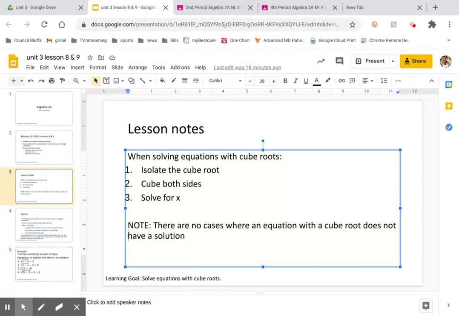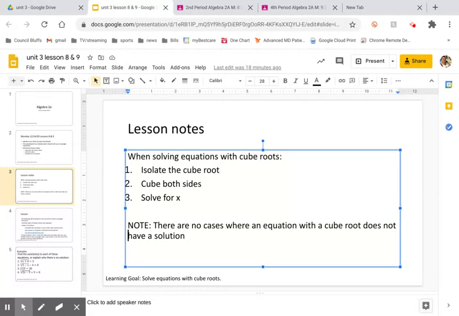You can take the cube root of a number and have the answer just be negative. An example I gave was the cube root of negative 27. The cube root of negative 27 is negative 3, because negative 3 times negative 3 times negative 3 is negative 27. So the big difference is there aren't going to be any cases of no solutions with this example.